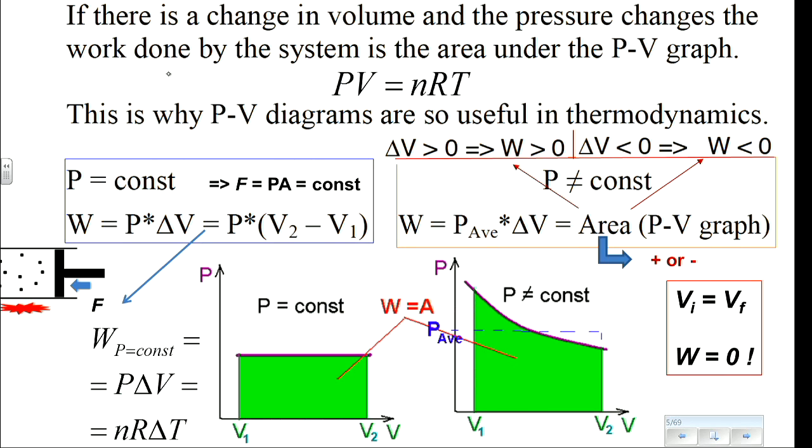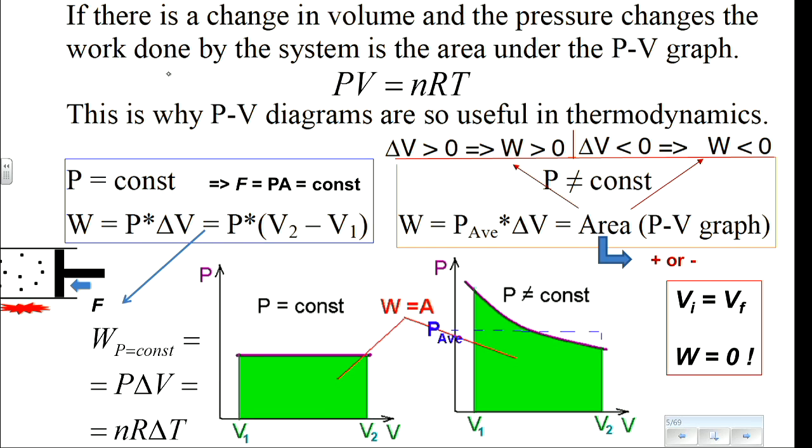But of course, we can make a generalization, a transition. If the pressure changes, we always can break it down into smaller processes. For each process, we can calculate the area, which will represent the tiny work done during that particular process, and add them up.